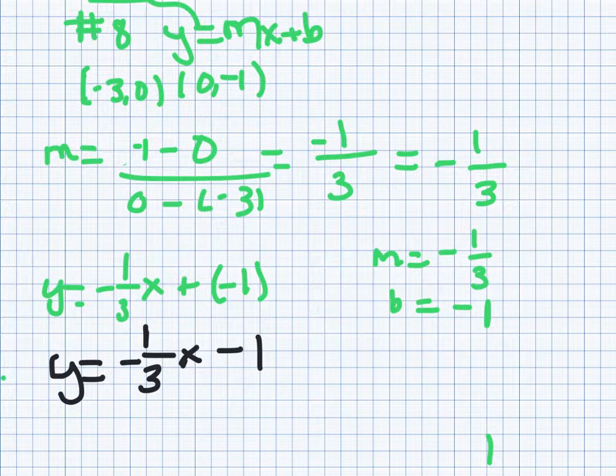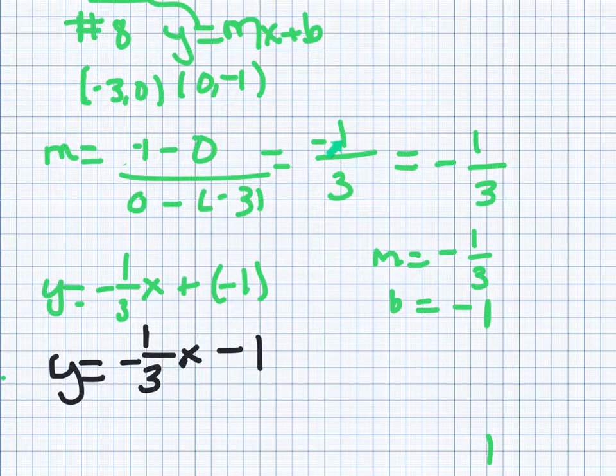This is number 8 on the bottom of 271. I pick my coordinates by looking at 2 points by looking at the arrow there. I picked -3, 0, and 0, -1. M equals -1 minus 0 over 0 minus -3.